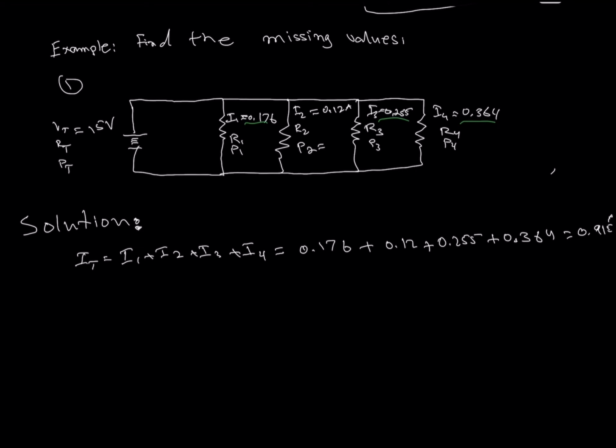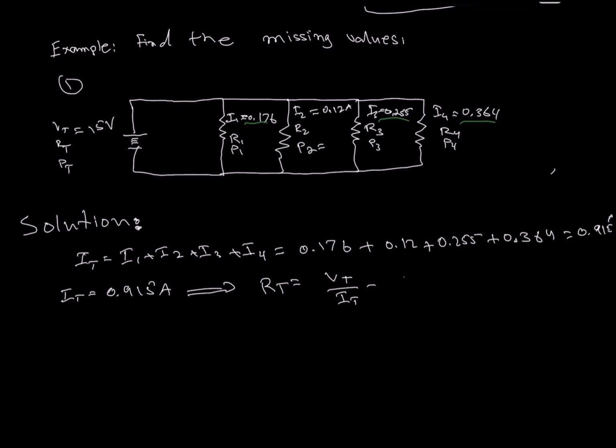amps. So IT is equal to 0.915 amp. Now using that, and since we have VT also, we can find RT. RT will be equal to VT over IT.